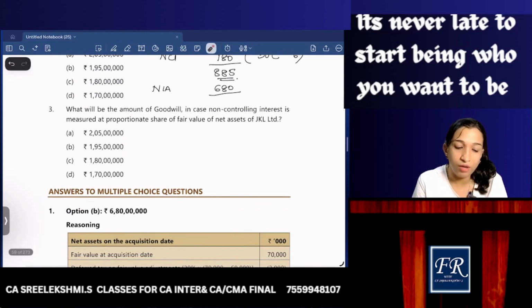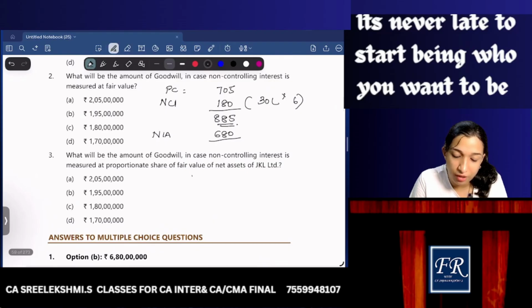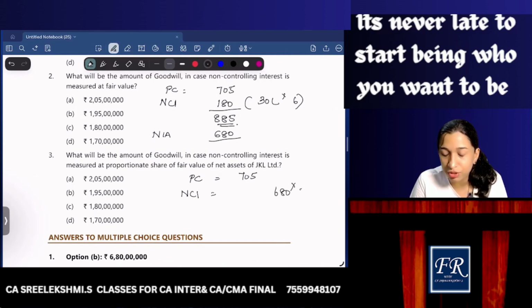Okay. What will be the amount of goodwill in case NCI is measured at proportionate share of net assets? If proportionate share of net assets, purchase consideration is 705. NCI comes to 680 into 25%, 170. So 875.